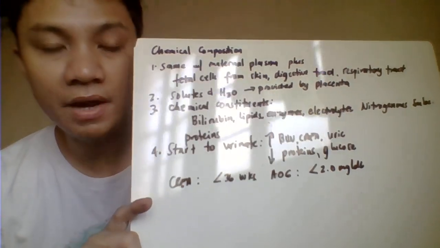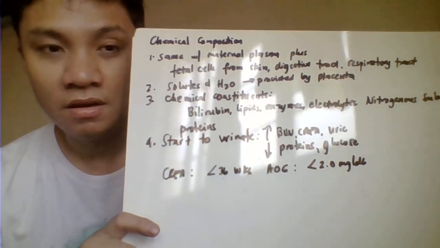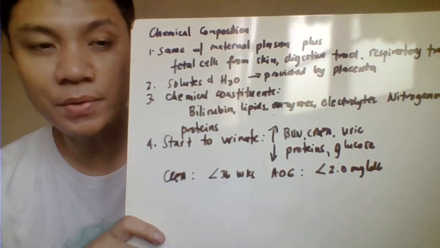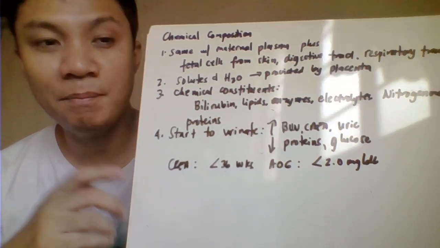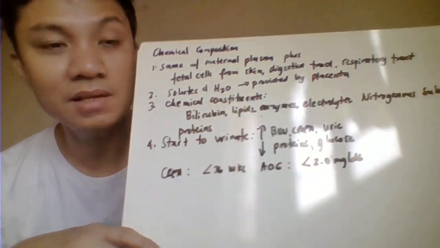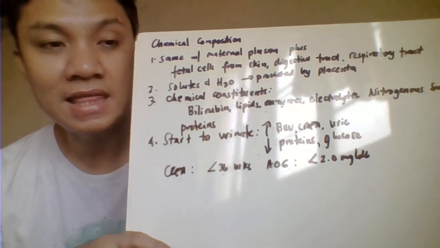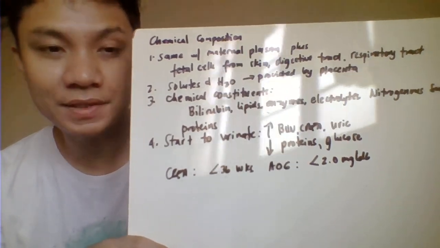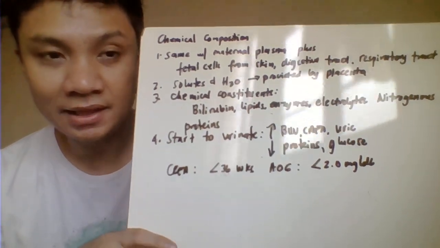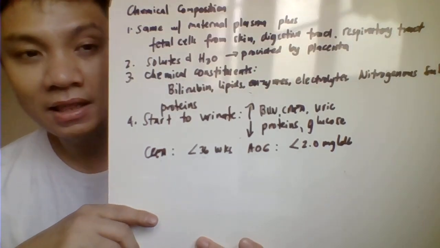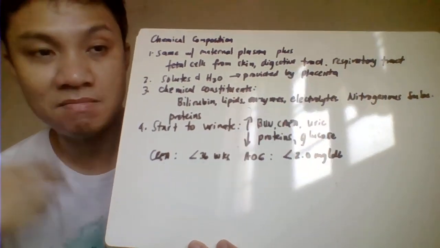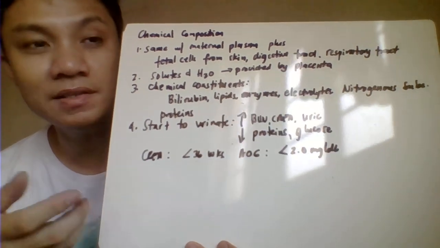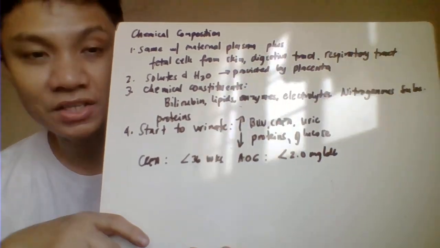Okay, the next one, we have here the chemical composition of our amniotic fluid. Amniotic fluid here, volume, or amniotic fluid is primarily being provided here by the placenta with its solute and also the water concentration. On the other hand, we are expecting that the amniotic fluid will be the same as maternal plasma because again, they share the same composition, they share the same circulation.